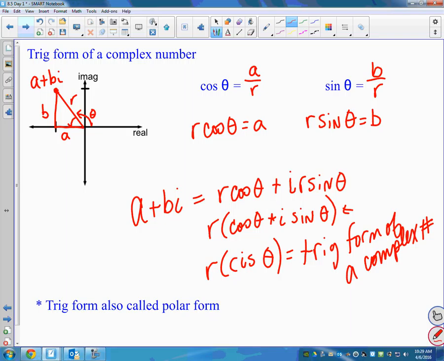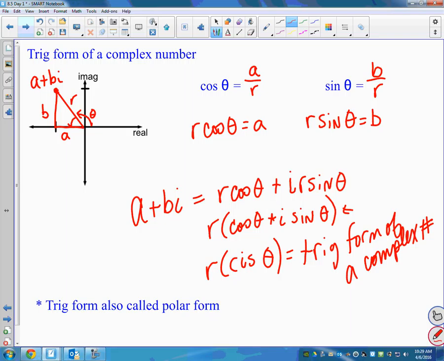Trig form is also called polar form. Those are kind of interchangeable words.